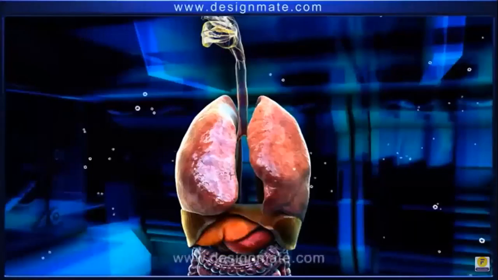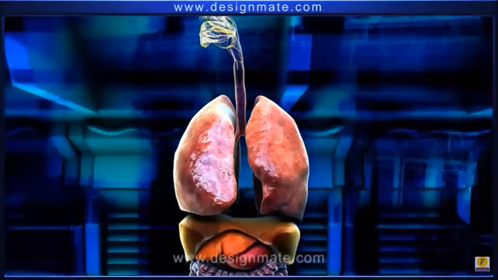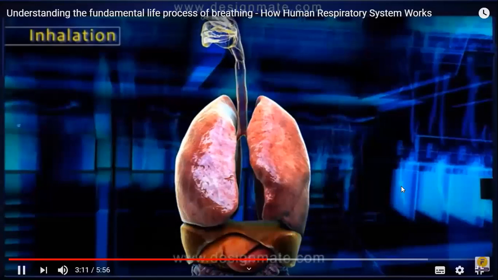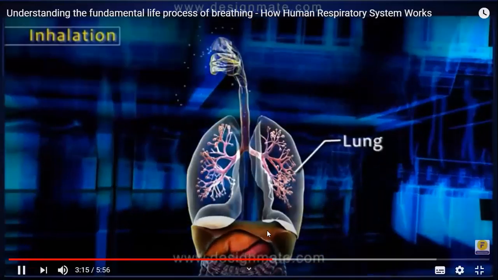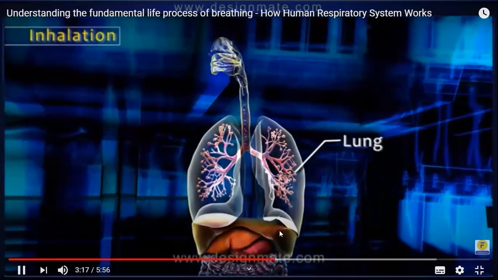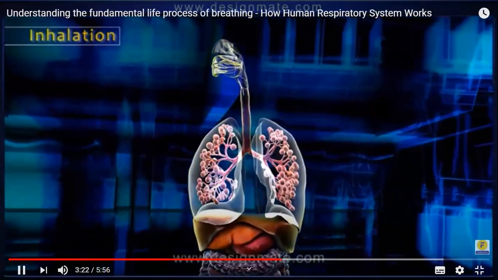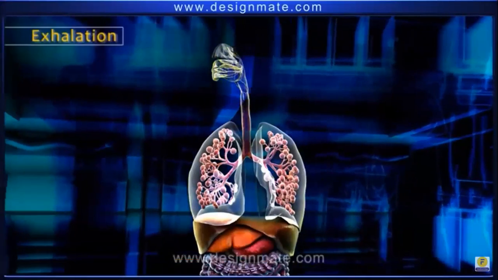So this is the inspiratory and expiratory process, and it is done due to the intercostal muscles which are present in the rib cage, and the diaphragm. Contraction of the diaphragm and contraction of the intercostal muscles bring about this mechanism of inspiration and expiration.